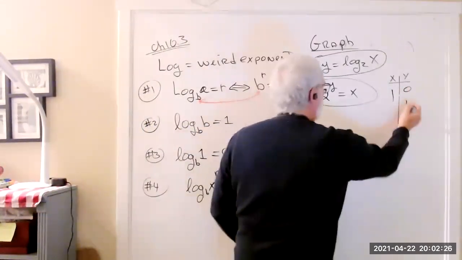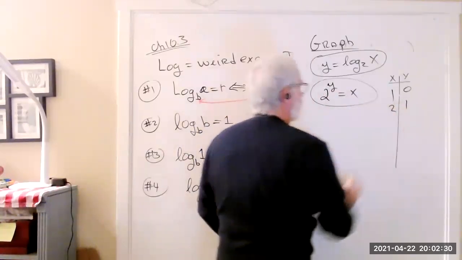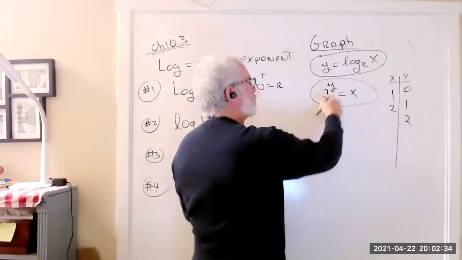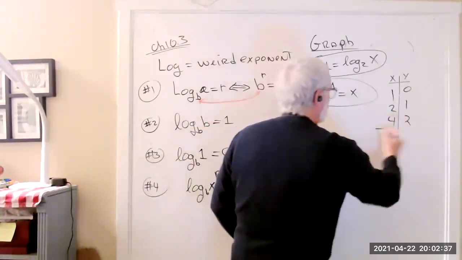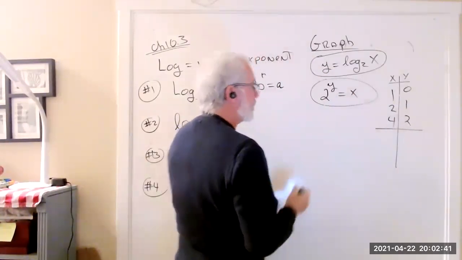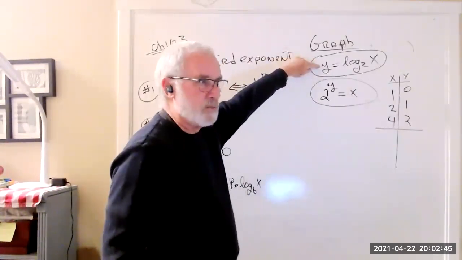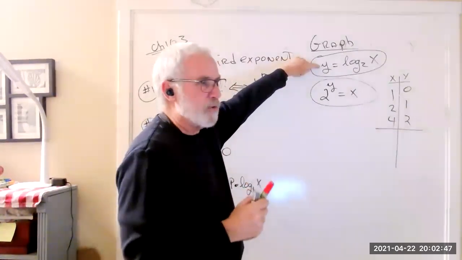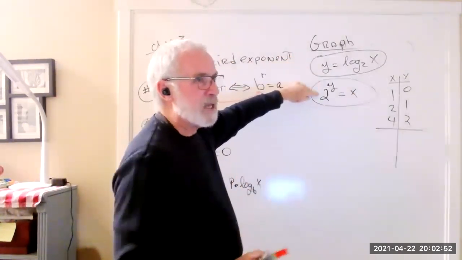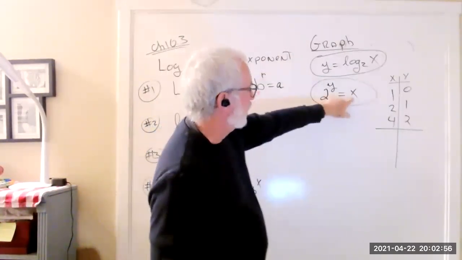What if y is 1? 2 to the 1 is 2. What if y is 2? 2 to the 2 is 4. You can go on, but notice what I'm doing. I've converted the equation from a logarithmic into exponential, and I'm picking y values, plugging in y to get to x.